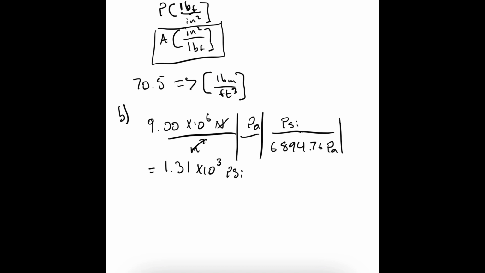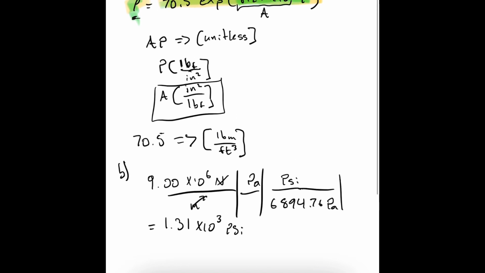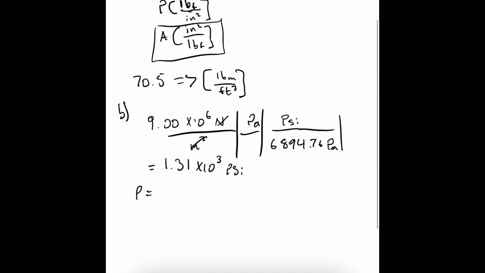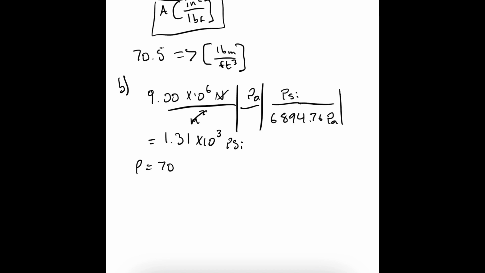We're calculating the density with this. So we put the PSI into our equation from up top, and we calculate what the density is: 70.58 pounds mass per foot cubed.